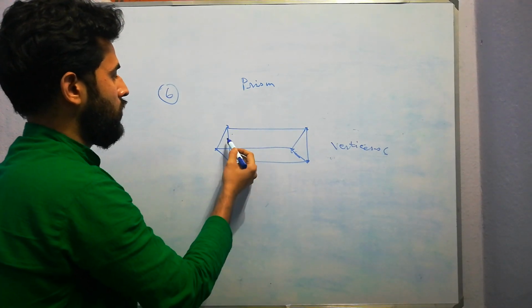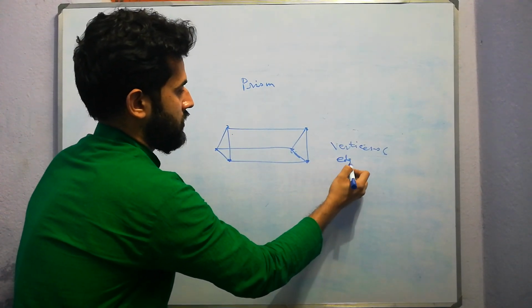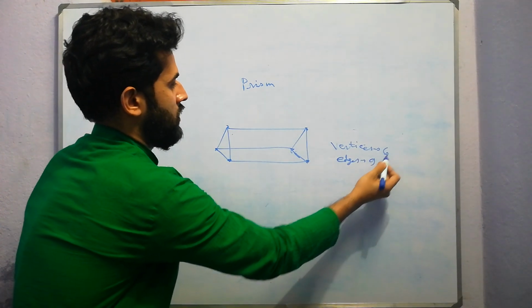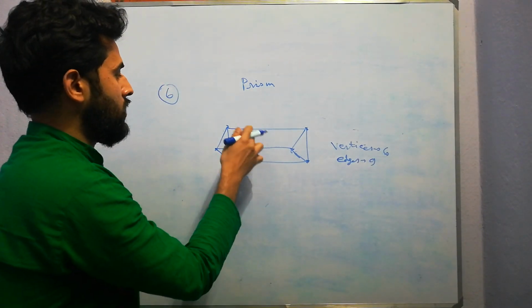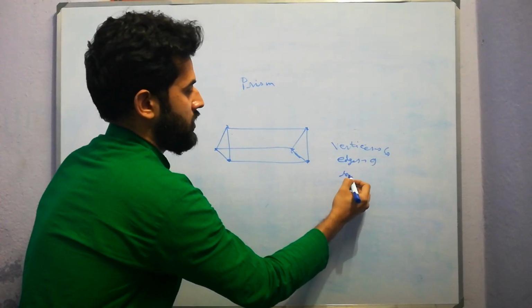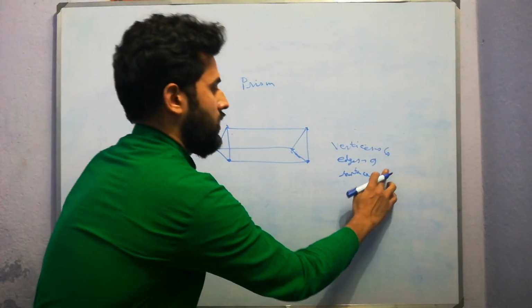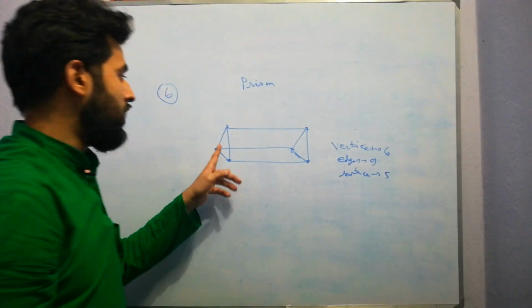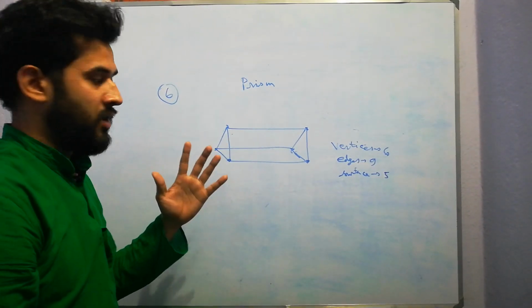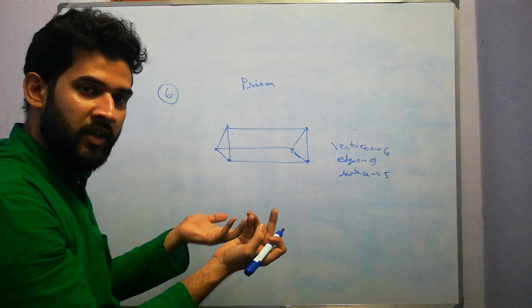Edges: 1, 2, 3, 1, 2, 3, 1, 2, 3, 9. So it has 9 edges, and surfaces 1, 2 and this 3, 5. So surfaces is 5. A triangular prism is known as just a prism. It could also be pentagonal or square. If it is square, then it would be a cuboid, of course.